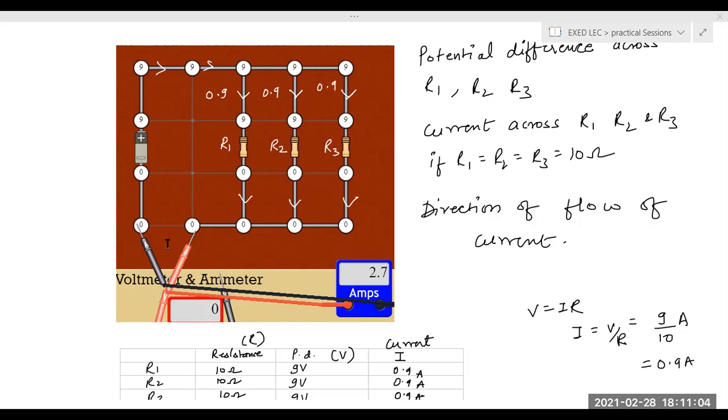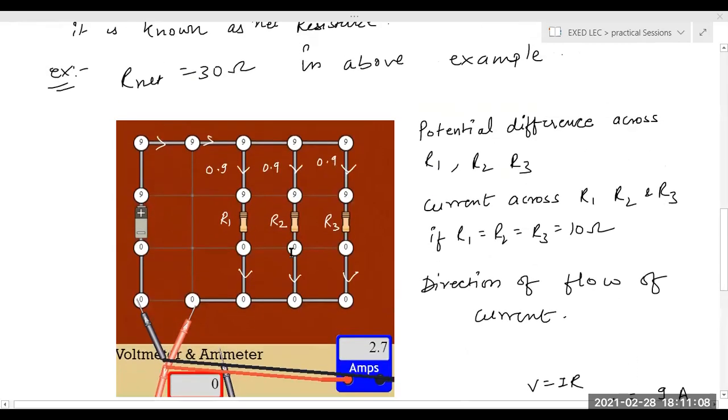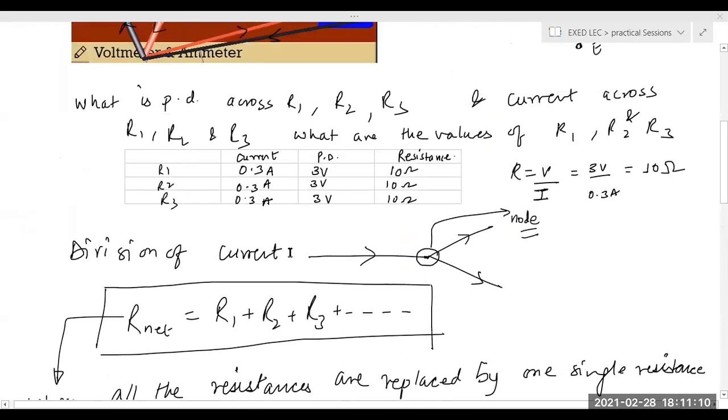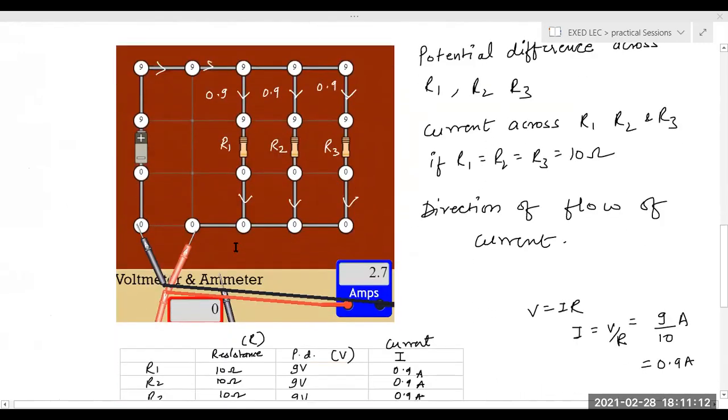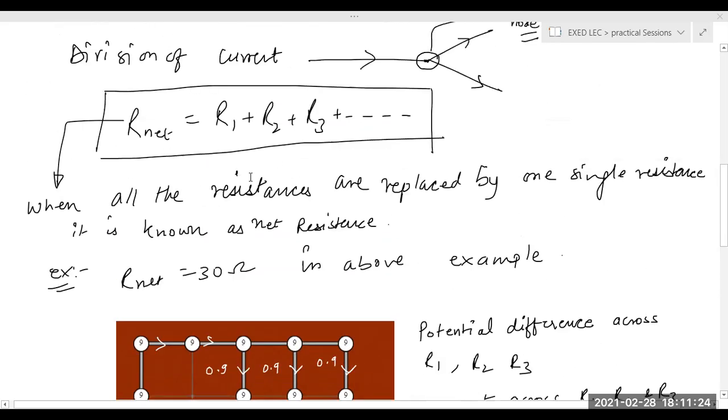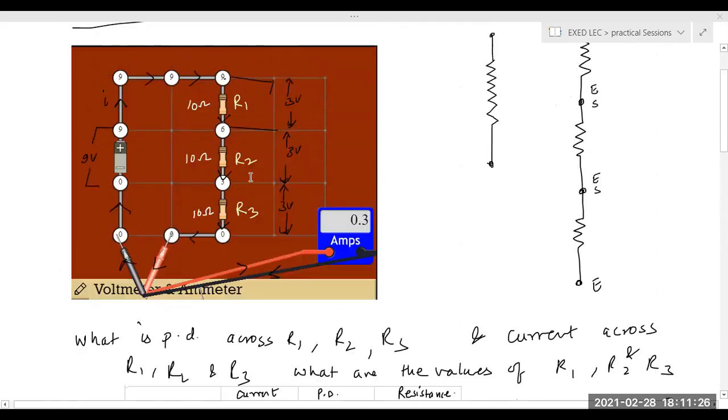So this gives you 2.7 amperes. Okay, children, to summarize, this kind of connection is known as a parallel connection. Now you can measure current, you can measure potential difference, and you can easily calculate the value of resistances. I hope this makes some sense to you.